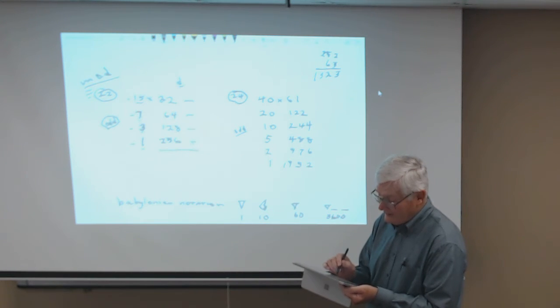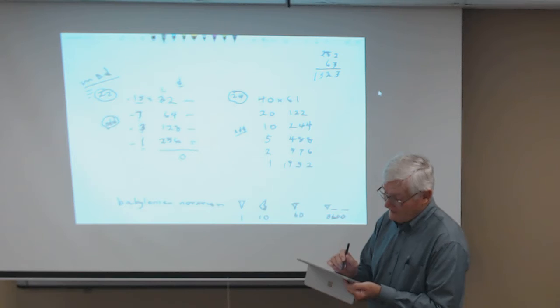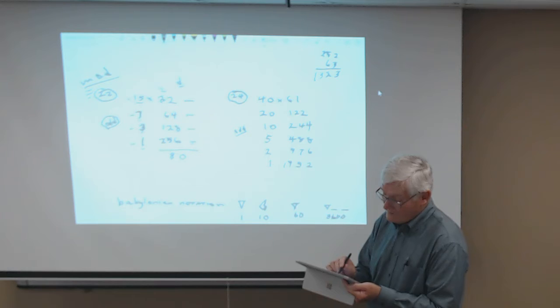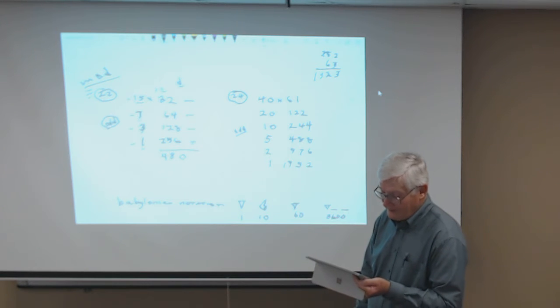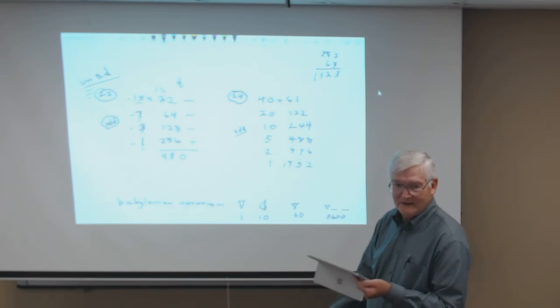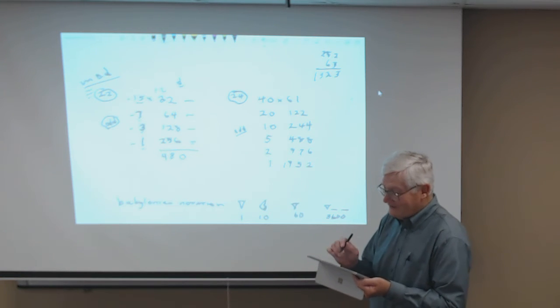So adding those up, we get 480. Does anyone have a calculator? Is 15 times 32 480? Is it?